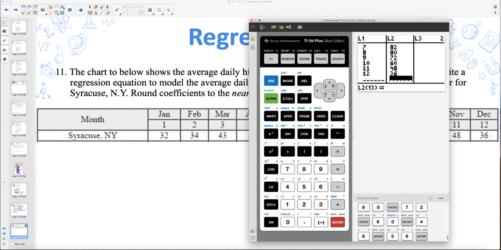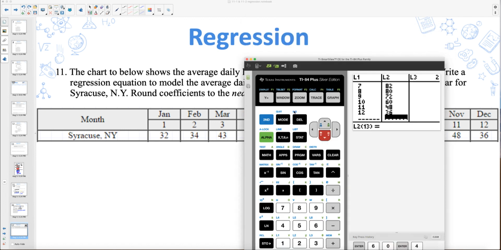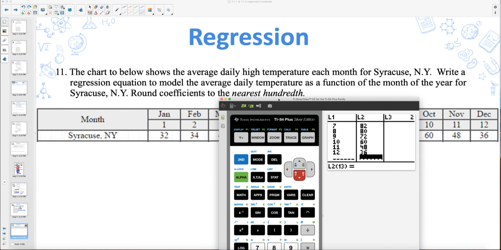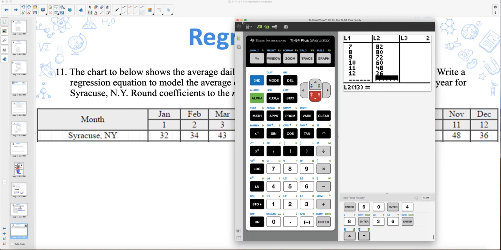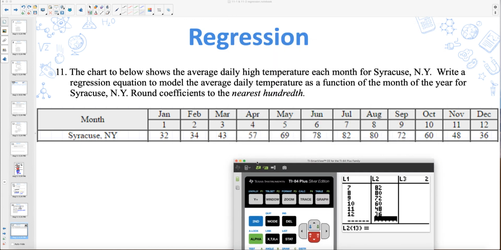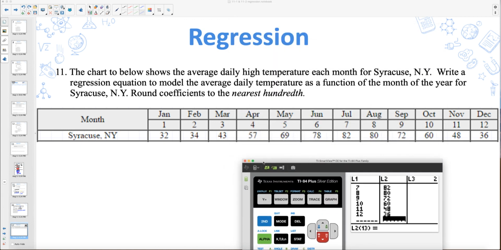So I went ahead and put everything in, and I paused my video and did it just not to waste time. So everything's in. This is the same one where it's actually not telling you which regression, but we need to think about it. This is temperature. Temperature fluctuates.